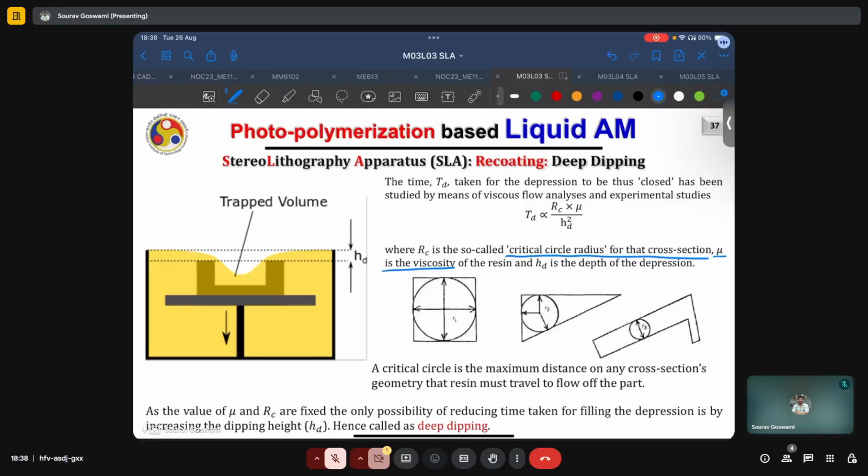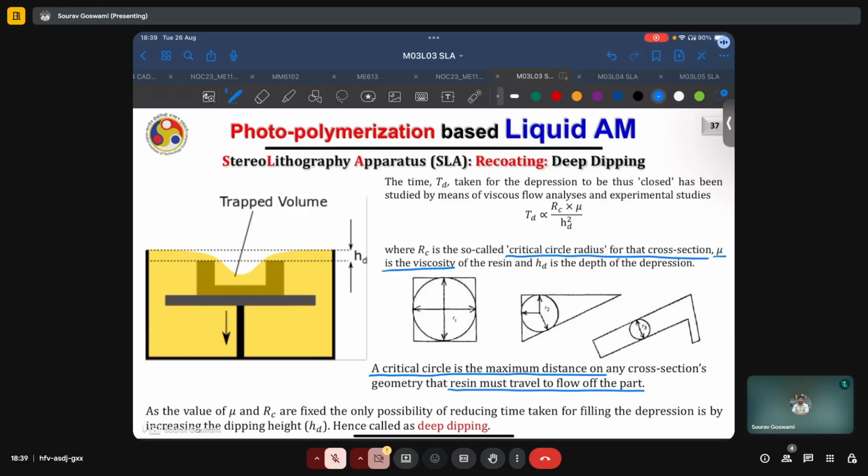Now, for that cross section, the critical circle defines the maximum distance on that cross sectional geometry that the resin must travel to flow off the part. So assume that there is a lot of resin accumulated on top of this cross section, and if you just let it be at t equal to 0, it will try to flow off of the cross section. So the maximum distance which it must travel starting from a given point is called the radius of the critical circle taken at that point for the given cross section.